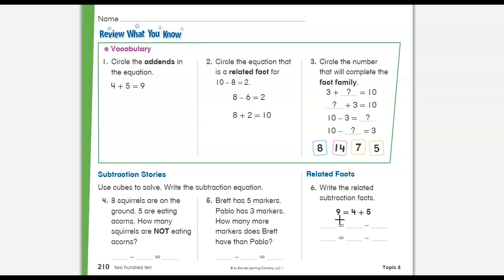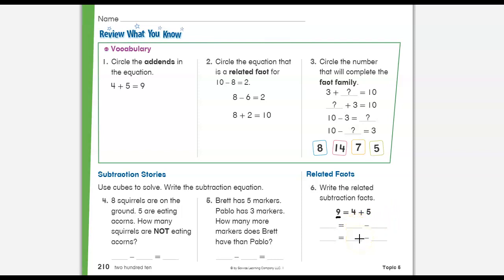So we have to write the related subtraction facts. Our total is 9. We know that 5 plus 4 equals 9. And we know that when we're subtracting, we want to subtract from the total number. So since it is set up a little bit differently, I'll help you with number 6.